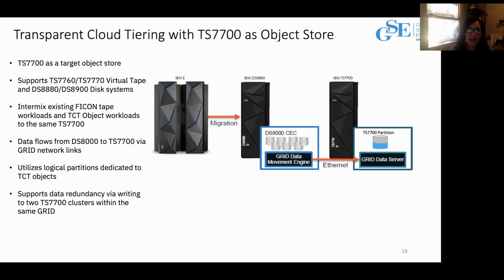Go ahead and go to the next slide. All right, so the TS7700 is an object store. What does that mean? The 7700 has been known for being a virtual tape server since its origination. In fact, it is a fifth generation VTS for the IBM products. But what does that really entail?